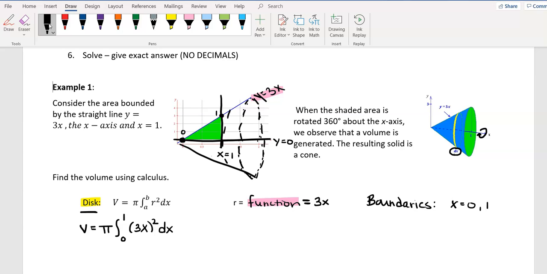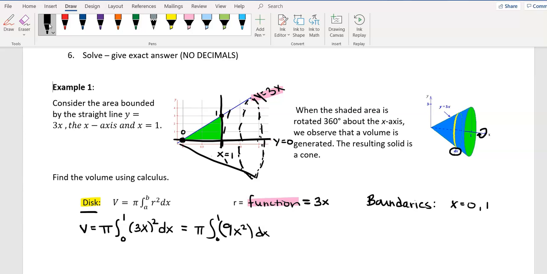Okay, so we need to actually calculate this. So the easiest way is to expand this, take this 3 to the second power and the x to the second power. So let's rewrite this simplified. So the integral from 0 to 1 with the pi in front. And then it would become 9x squared dx.